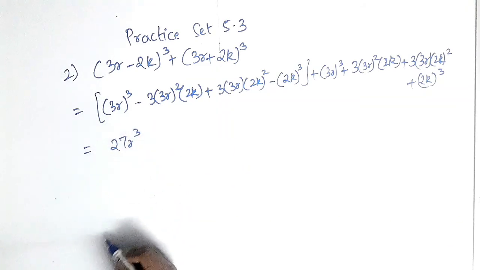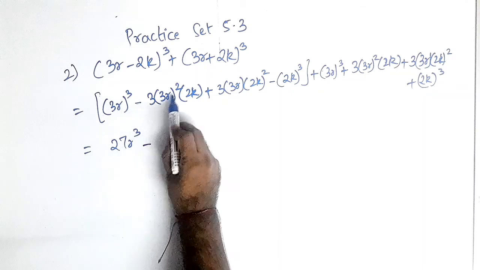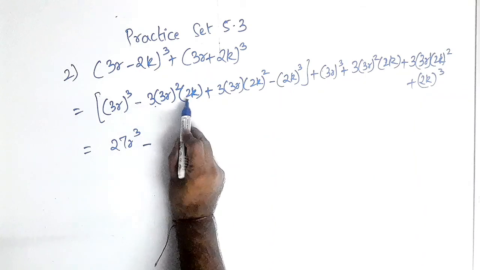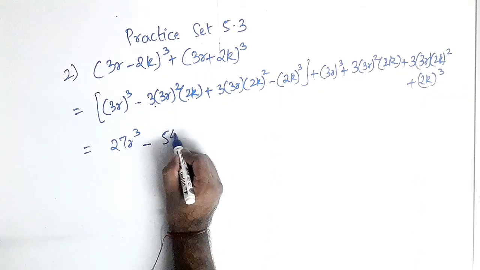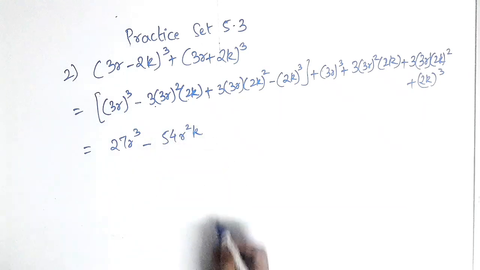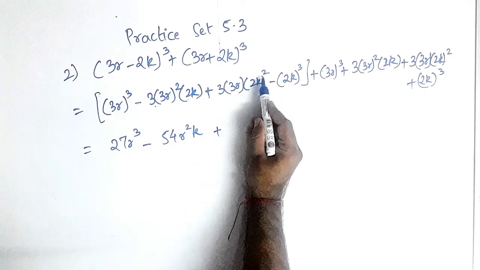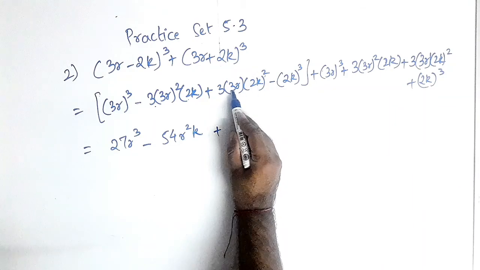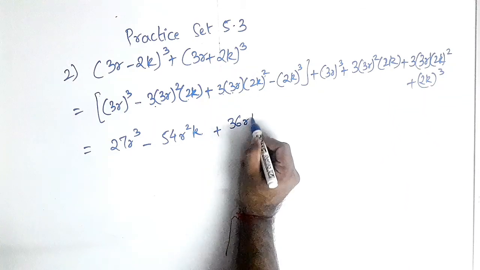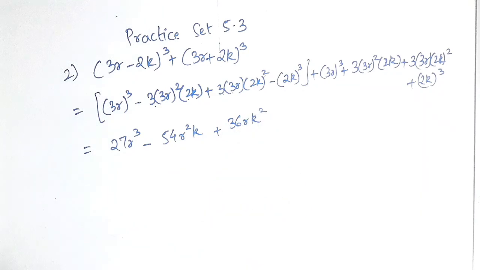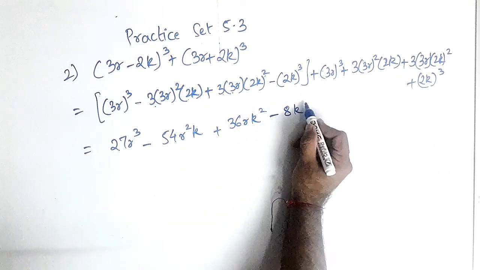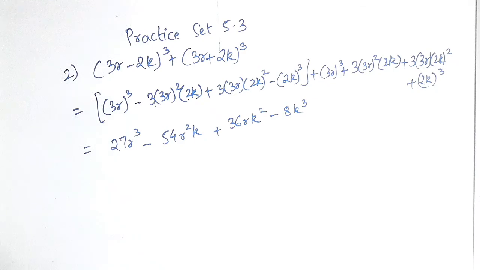Okay, now here this will become 27r cube minus, I'll do square first, 3 square 9, 9 3s are 27, 27 2s are 54r square k. Okay, plus 2 square is 4, 4 3s are 12, 12 3s are 36rk square. Minus this will become 8k cube.